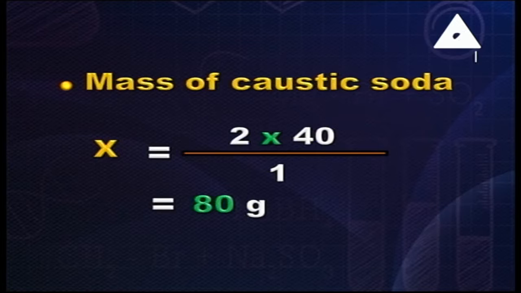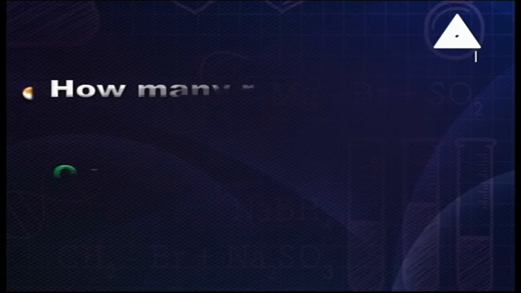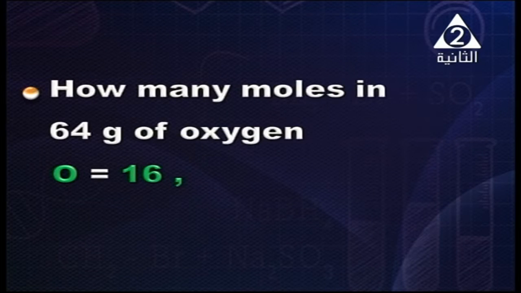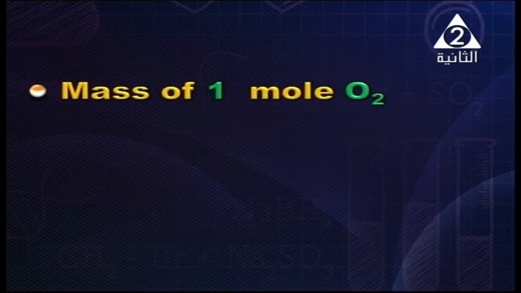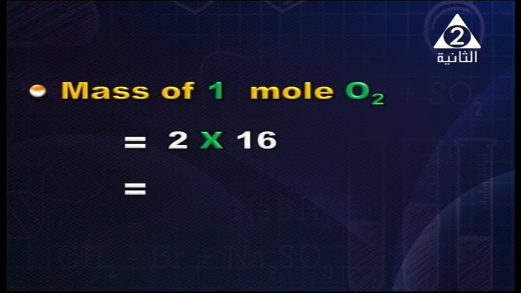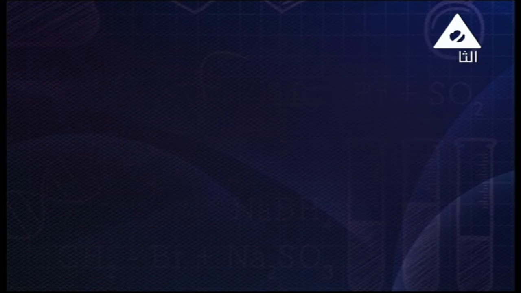Easy. Steps. Just steps. I make many steps to get full marks. All right? Don't find the final result quickly. When I ask how many moles are in 64 grams of oxygen, don't forget, O equals 16. The mass of 1 mole equals 2 by 16 equals 32 grams.